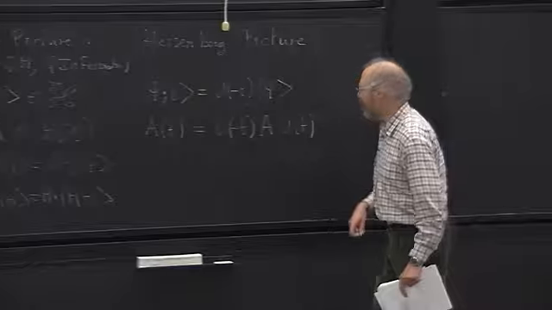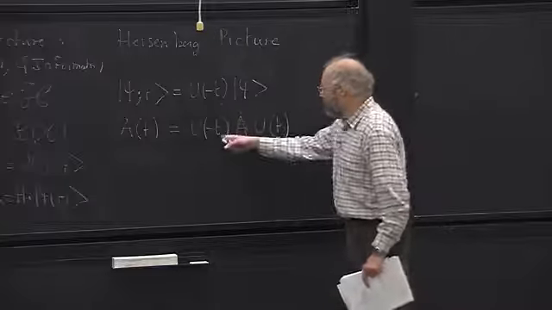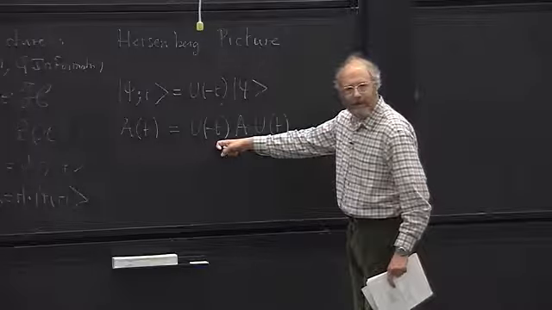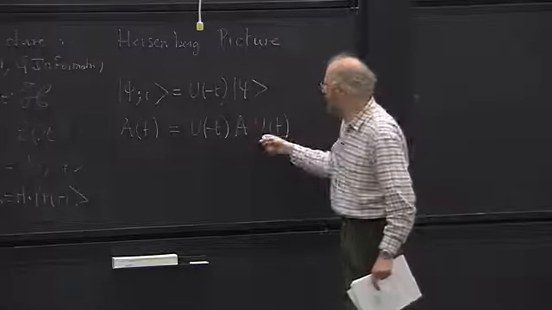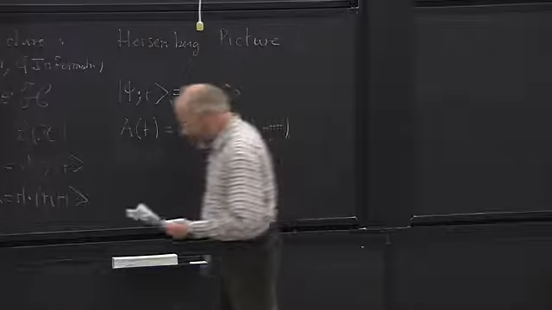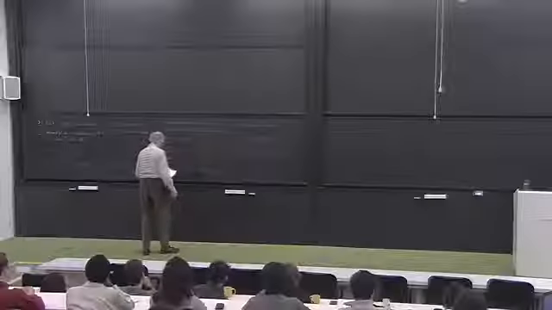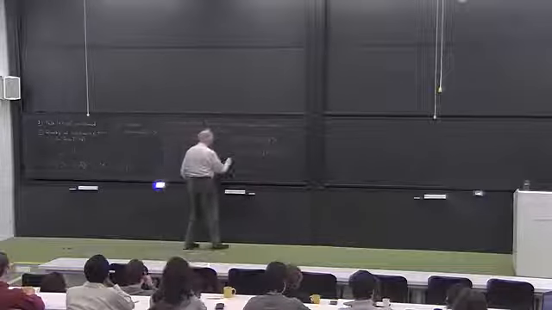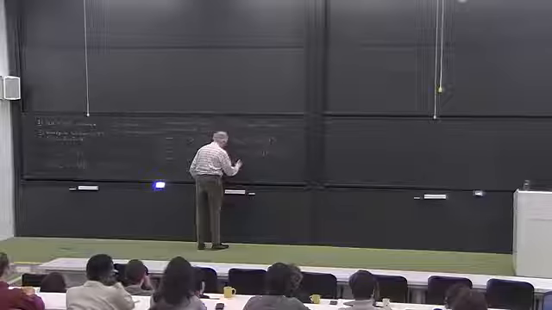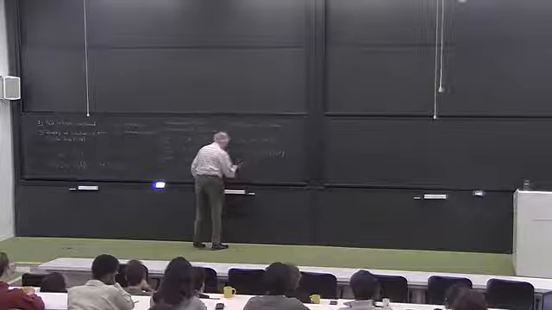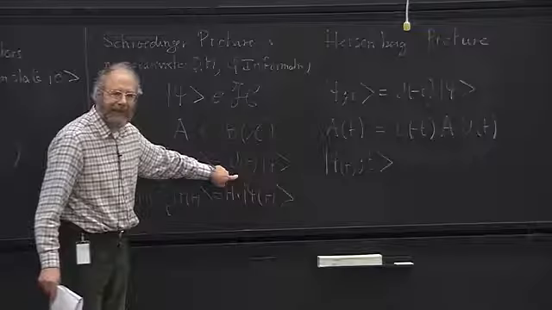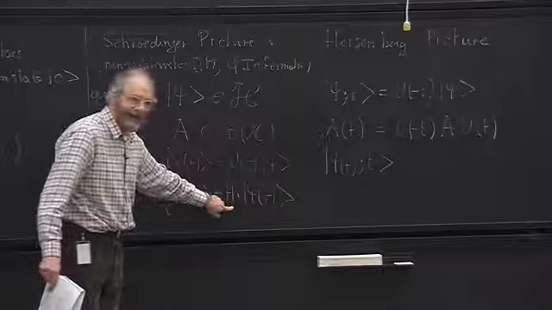Okay. So now, with those two definitions, of course, you can check that U, the unitary operator, doesn't change because U commutes with U. But in addition, consider now in the Heisenberg picture what is the state psi of t given by the evolution given by the Schrödinger equation.